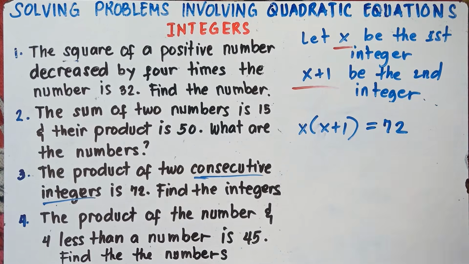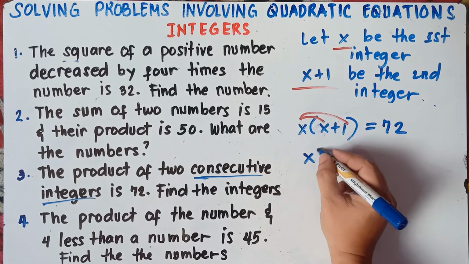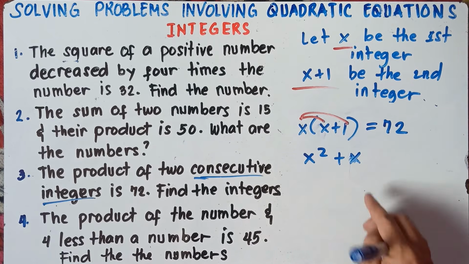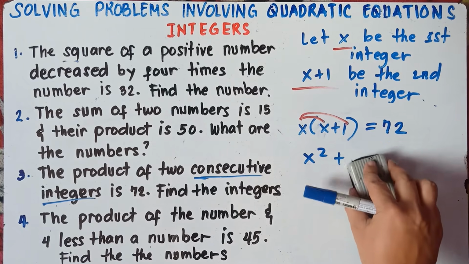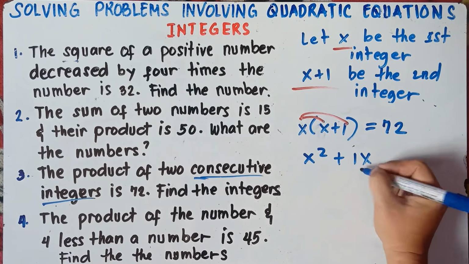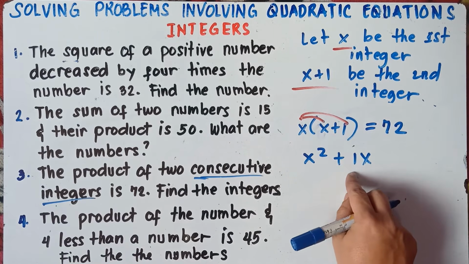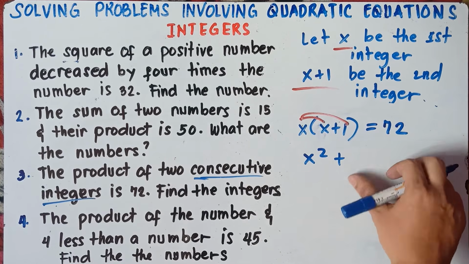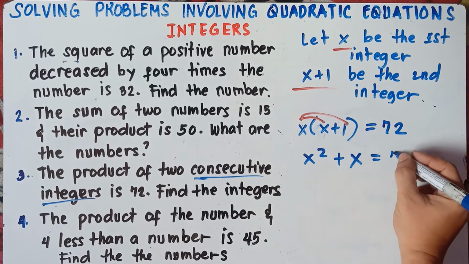Then you simplify. X times x is x squared. X times 1 is positive x. You can write 1x if you want, but understood, class, that there's a 1 on x, so just erase the 1. So we have x squared plus x equals 72.